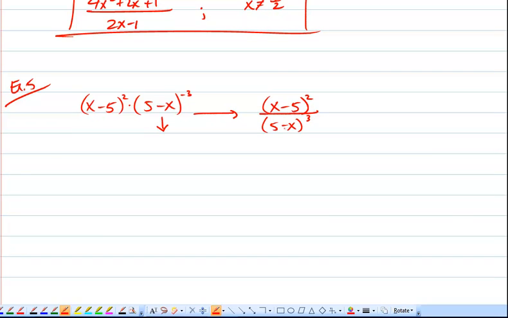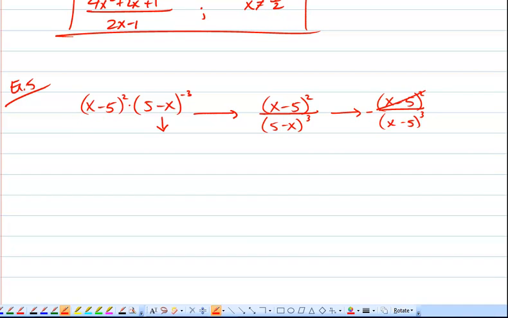Now, we want these to be identical, and right now they're similar, but they're not identical, so we need to rearrange the terms here and turn this into x minus 5 quantity cubed, but by doing so, we have to put a negative out front. We're pulling out the negative to be able to do that. All right, let's scoot this over just a little bit, and you can see that that's what we should get.